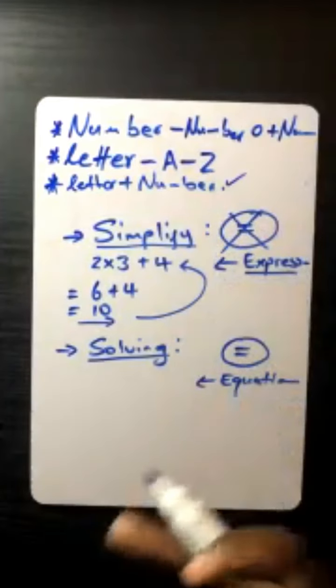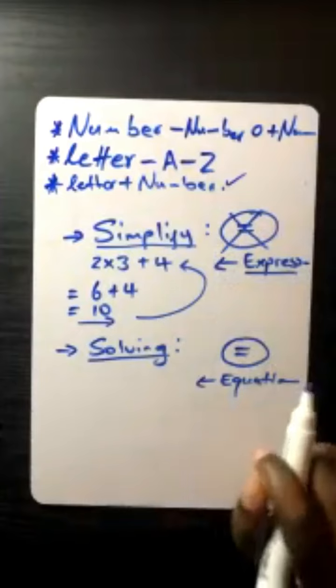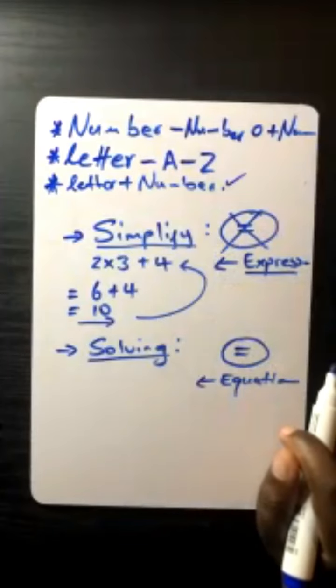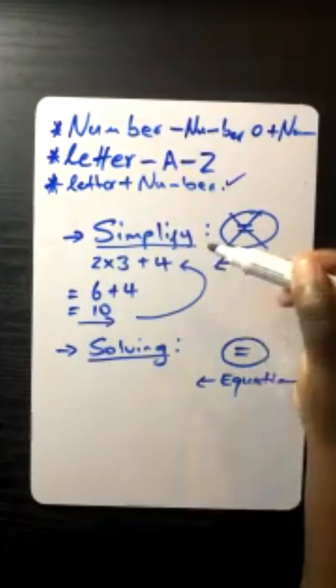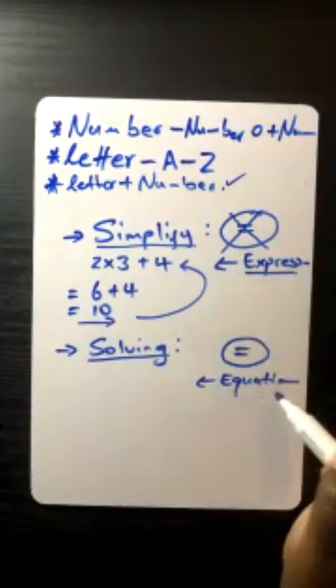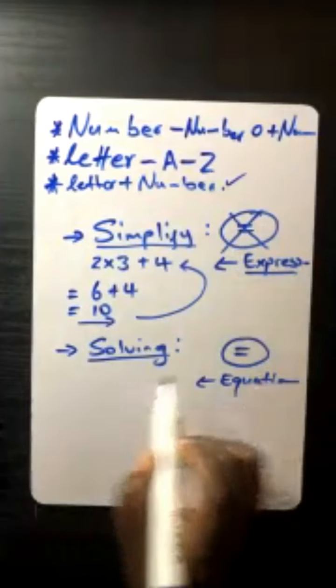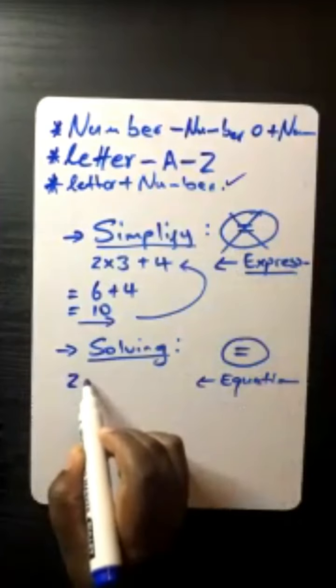So obviously, as we do more and more of these problems, that's when you'll be able to differentiate between an expression and an equation. An equation could be something like 2x plus 1 equals 7.